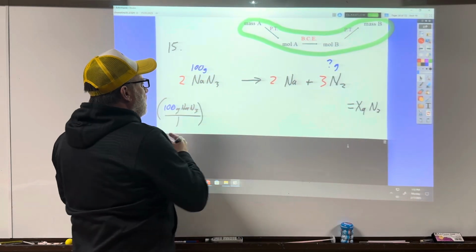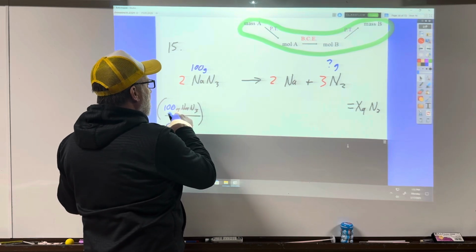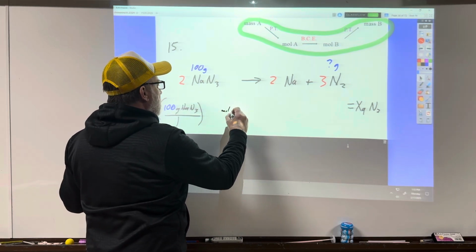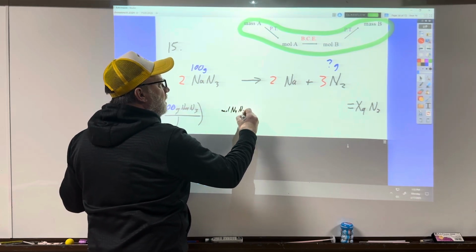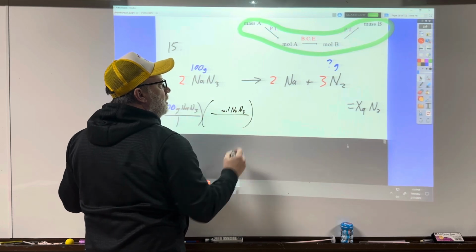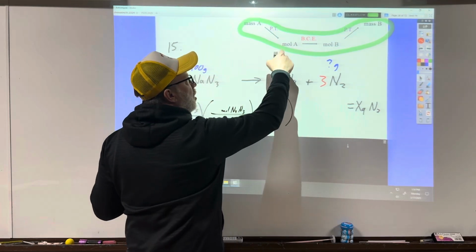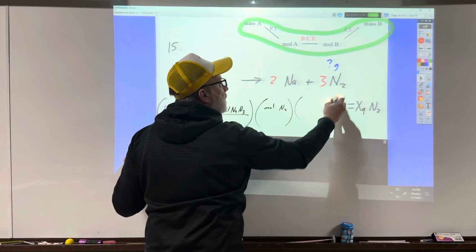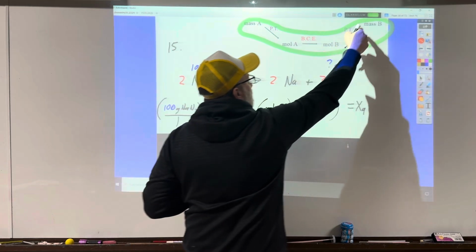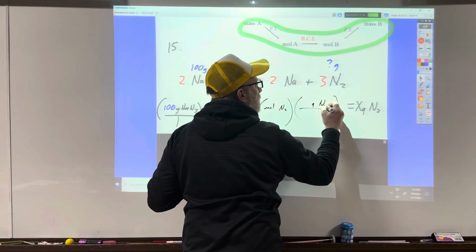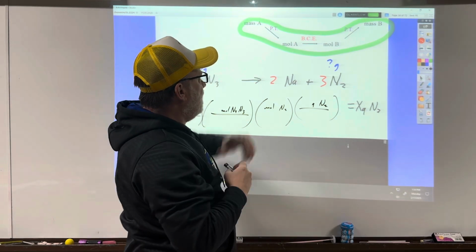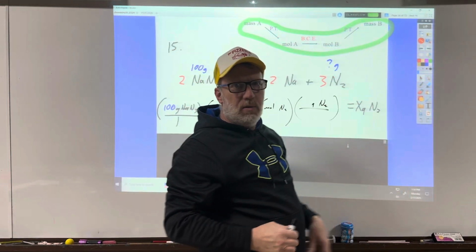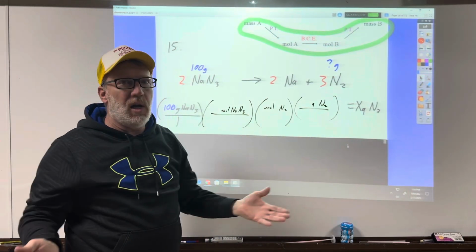Okay, so there's grams A, you're going to go moles NaN3. And on the top here, you're going to go moles N2. And on top here, you're going to go grams N2. So these tell you your numerators. You should have this in one shot.